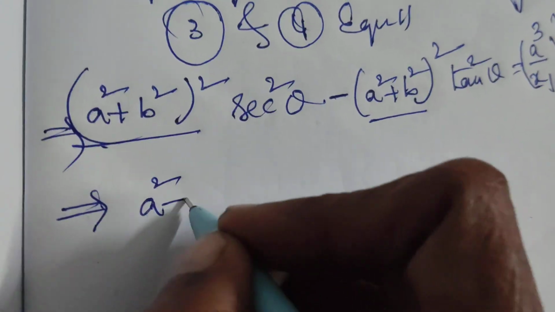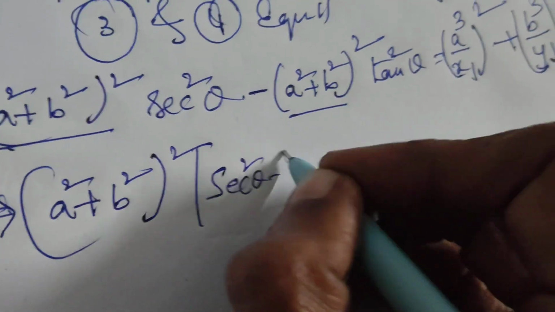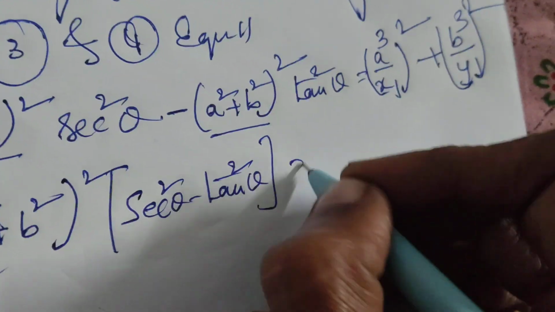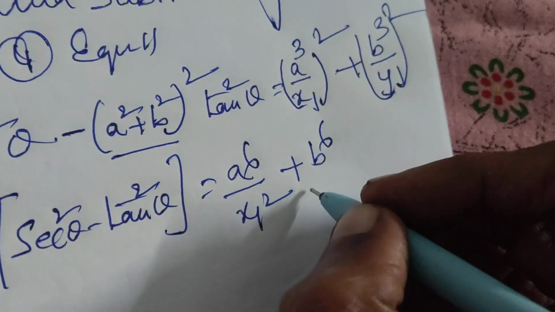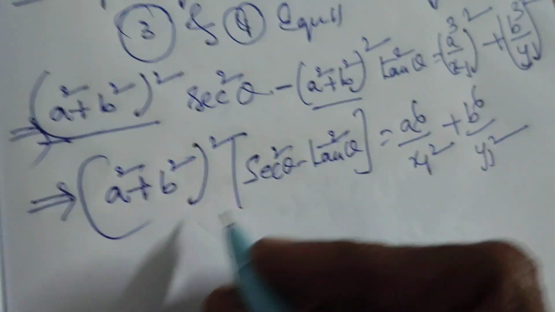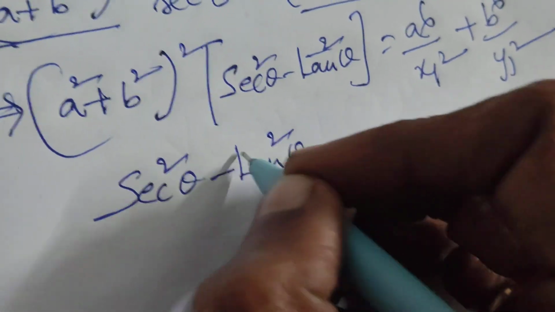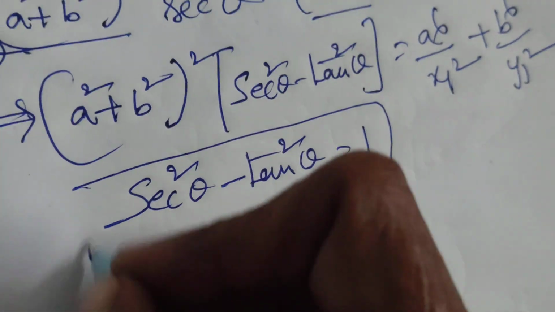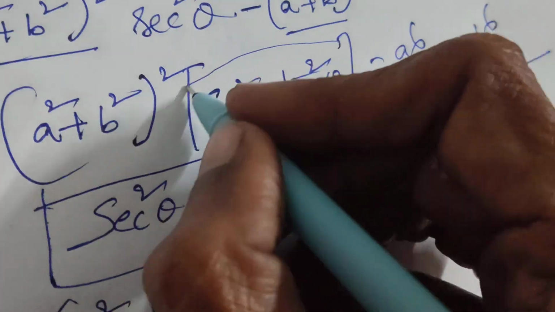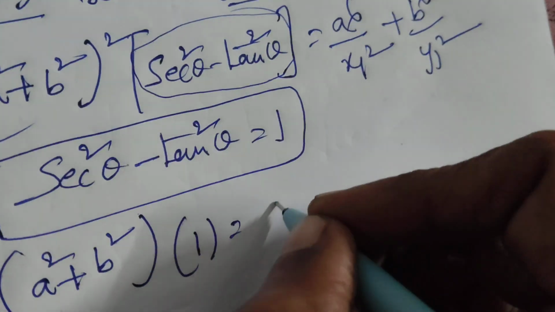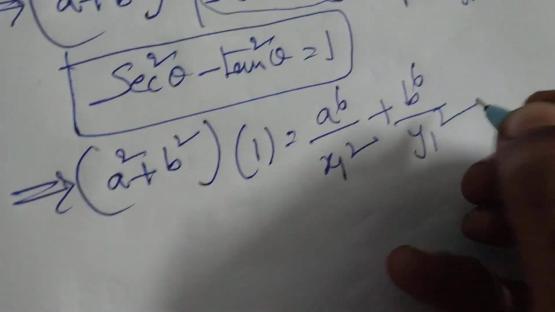That implies (a square plus b square) whole square into (secant square theta minus tan square theta) equals a power 6 by x1 square plus b power 6 by y1 square.